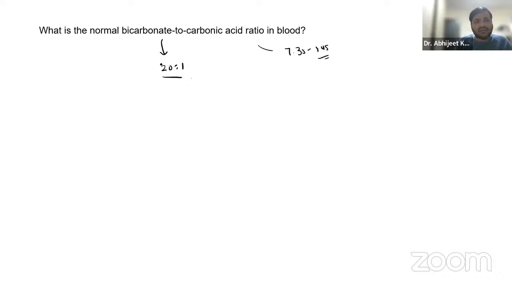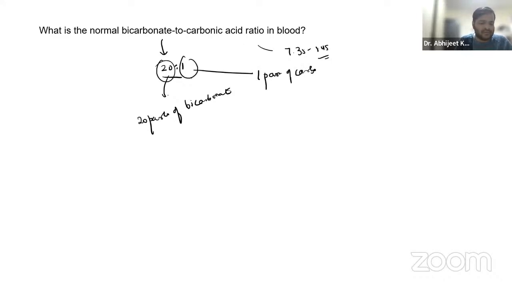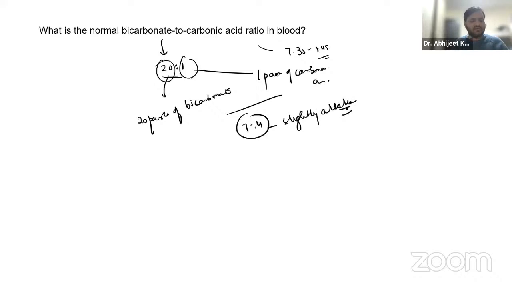When I say 20:1, remember 20 means there are 20 parts of bicarbonate and 1 part of carbonic acid. So it helps to maintain a pH of about 7.4, which is slightly alkaline. So that is regarding this.